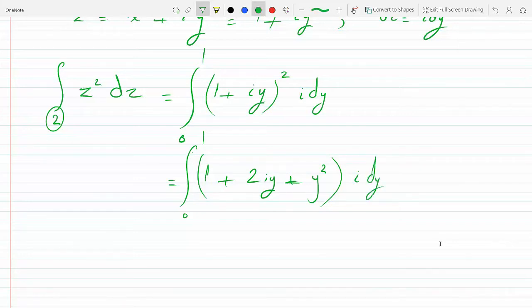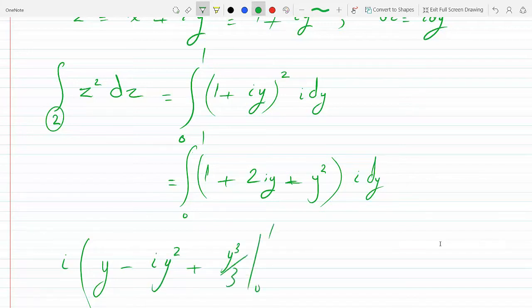So we get i, we start here. I will get y minus y cubed over 3. Right, that's the y squared term. Oh, I forgot the middle term. The middle term is what's that? 2iy. So this becomes iy squared plus y cubed over 3 from 0 to 1.